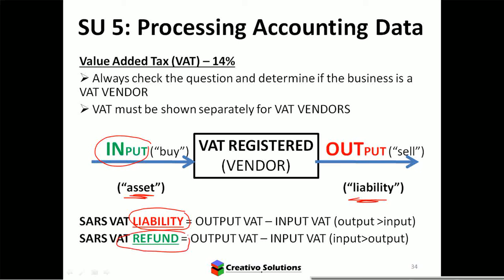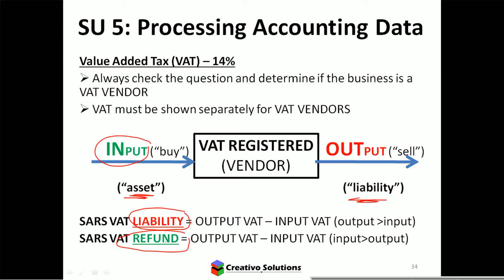Those are normally your fruit and vegetable type businesses, because fruit and vegetables are zero rated, meaning when you sell them, you don't charge 14% VAT. But are you still paying electricity? Yes. Rent? Yes. Stationery? Yes. And all of those things have VAT. So you can claim that VAT, but you just can't pay anything over to SARS. So those types of businesses will actually get a refund.